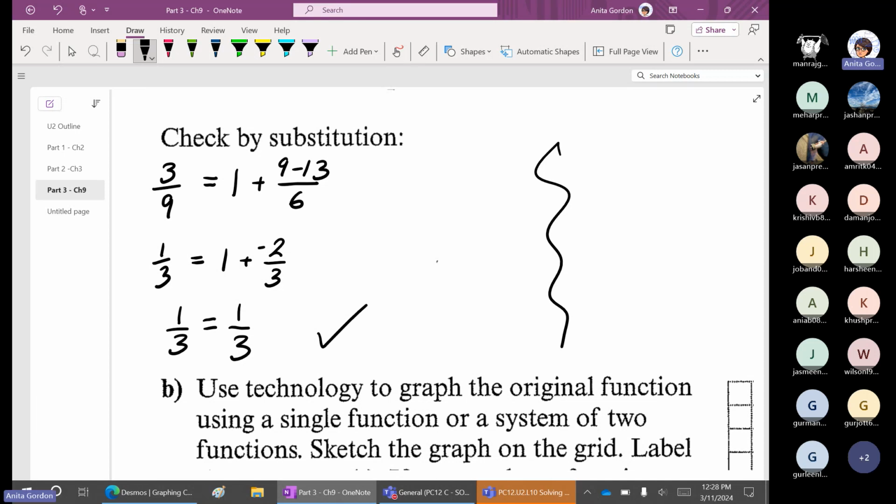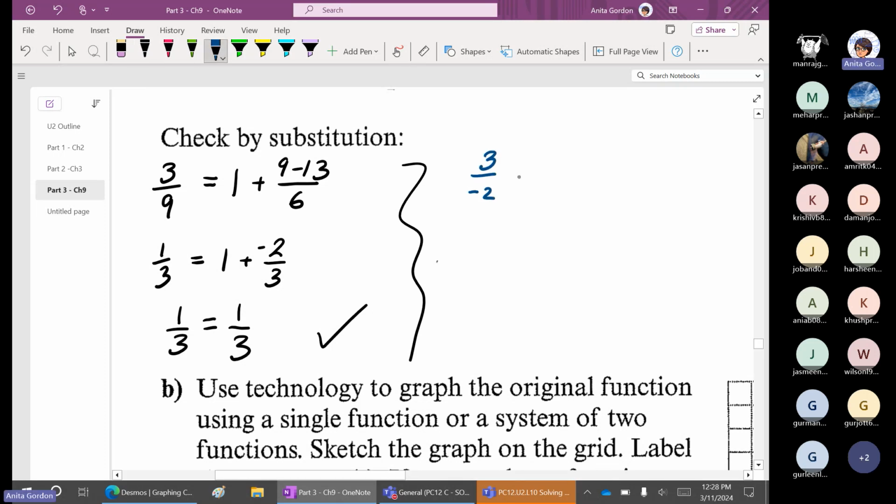I'm going to do the same thing, but with the negative 2. So 3 over negative 2 should equal 1 plus negative 2 minus 13 all over 6. 1 plus negative 15 over 6, which is the same as, if I divide both by 3, I will get negative 5 over 2.